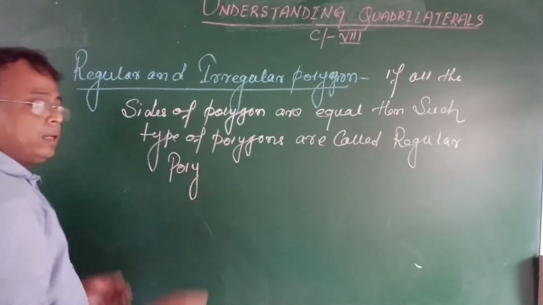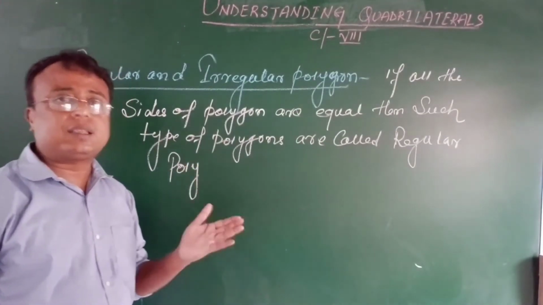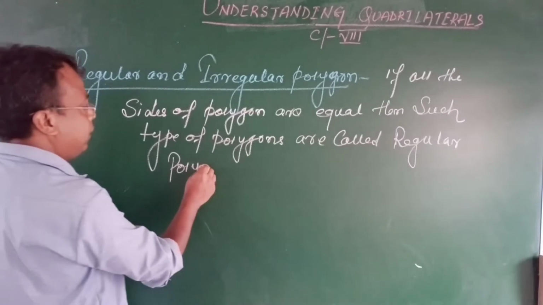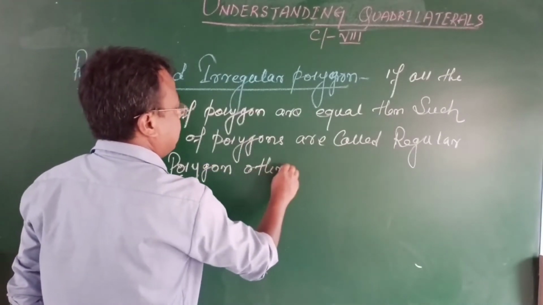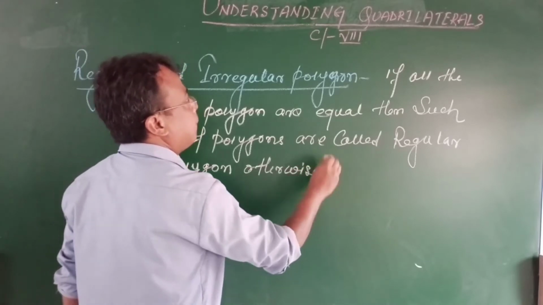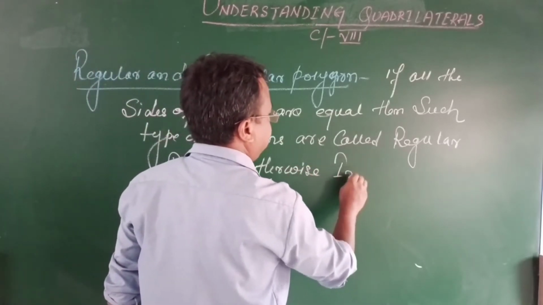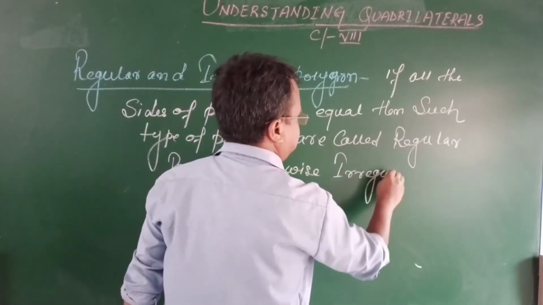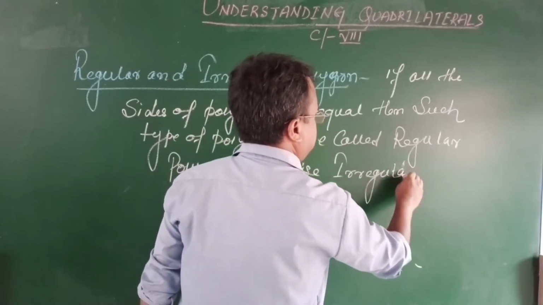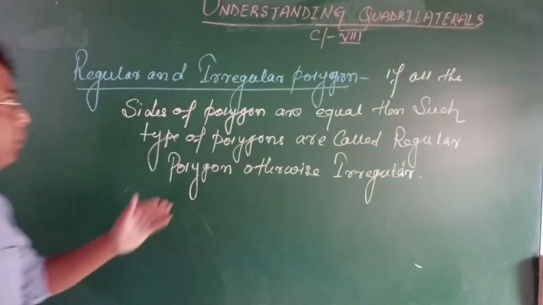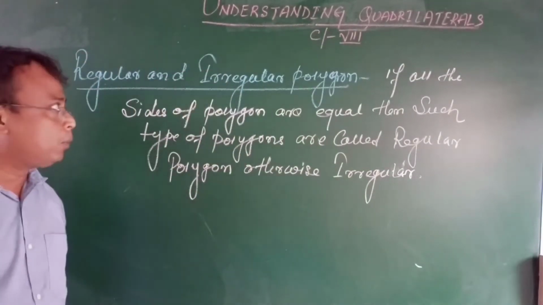Otherwise irregular. Otherwise irregular means if all the sides are not equal, then it is called irregular.